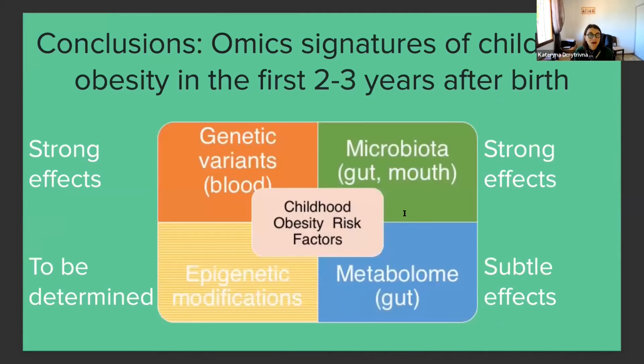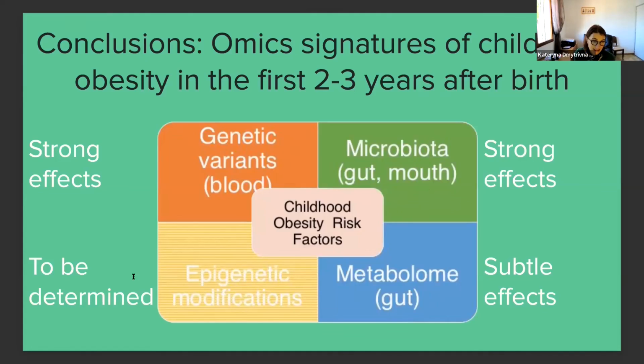So just to conclude, what we found is that there are strong effects of microbiome on childhood obesity and also strong effects of genetics. There are also some subtle effects of metabolites. In particular, we found one highly significant metabolite.